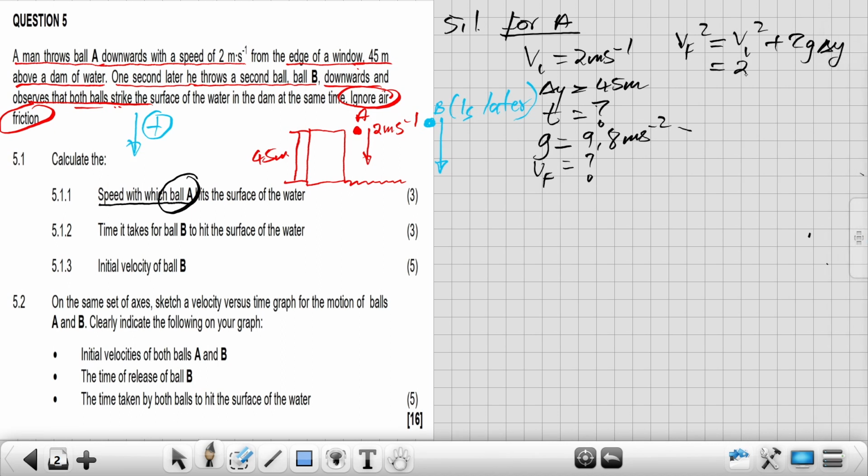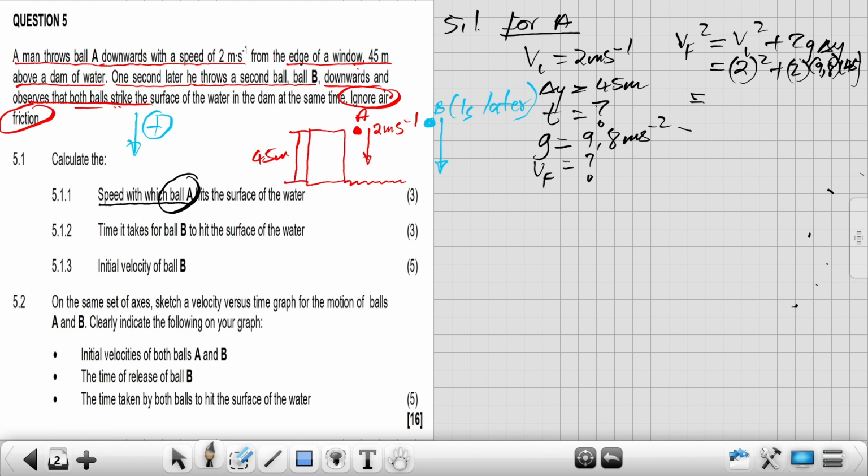This is 2 squared plus 2 multiplied by 9.8 multiplied by 45. Now remember that everything is downwards, so my G will be positive, my 45 will be positive, and my V initial will also be positive.